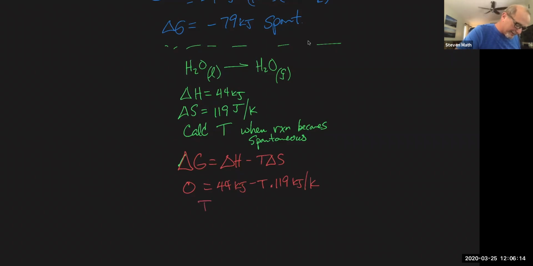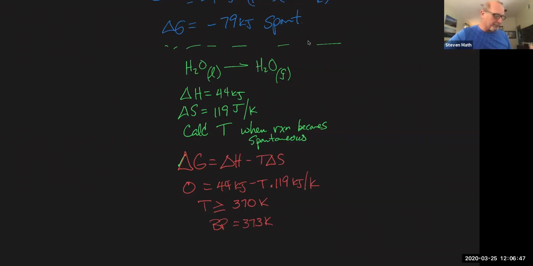and say that we're looking for an answer where T is going to be greater than or equal to about 370 Kelvin. No kidding. We know the boiling point of water is 373 Kelvin. So this reaction shows us that when we increase the temperature to make T delta S bigger than delta H, G becomes negative.